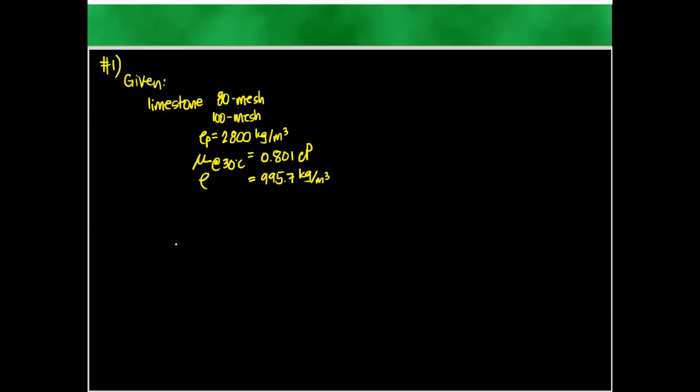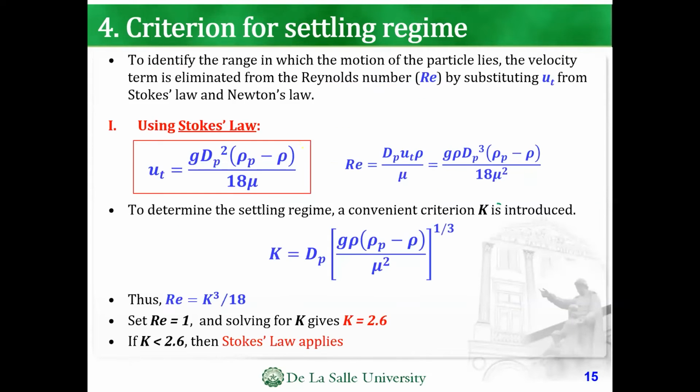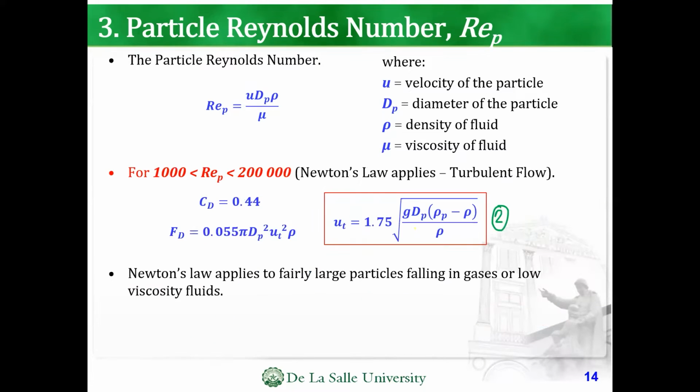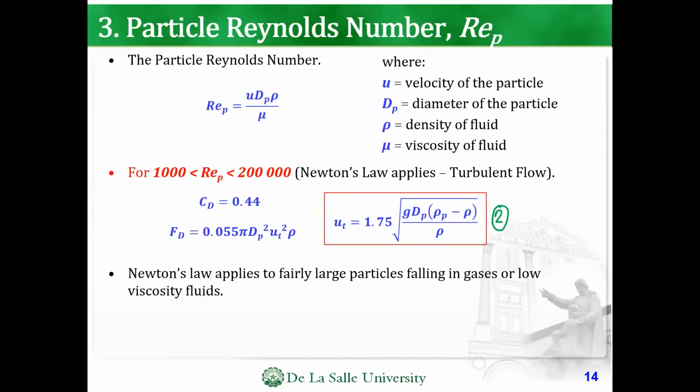Now, the thing is, we need to solve for the terminal velocity. You can see in here the three formulas for terminal velocity. This is for the Reynolds number in Stokes' law. This is if it's in a turbulent flow.